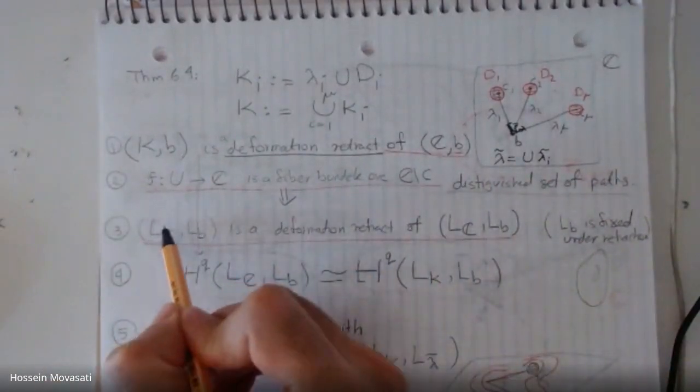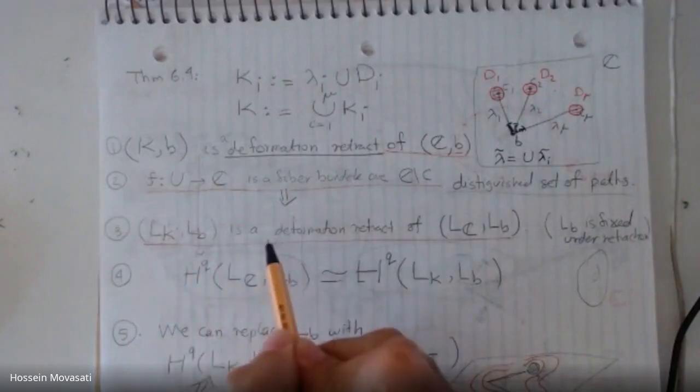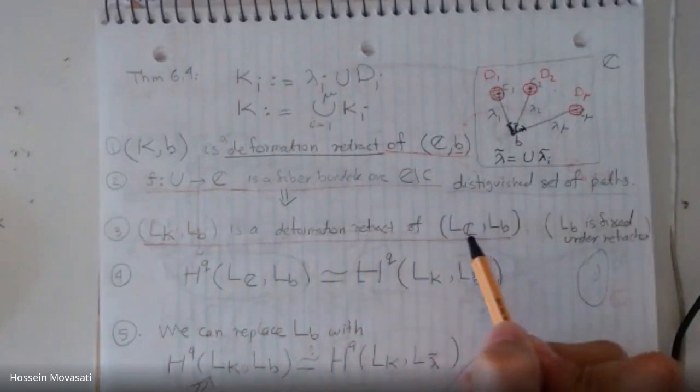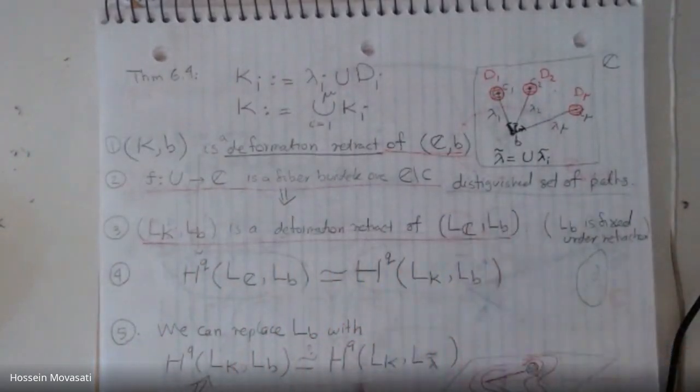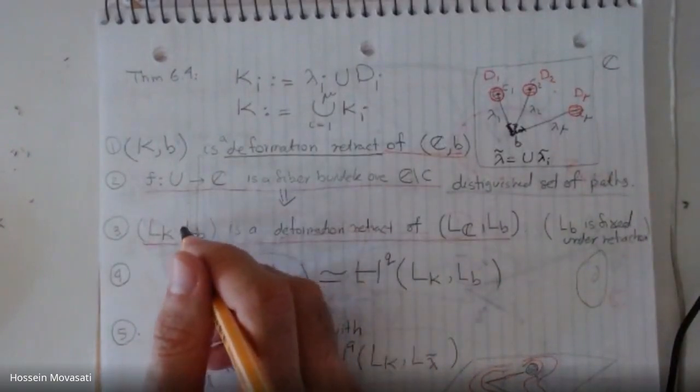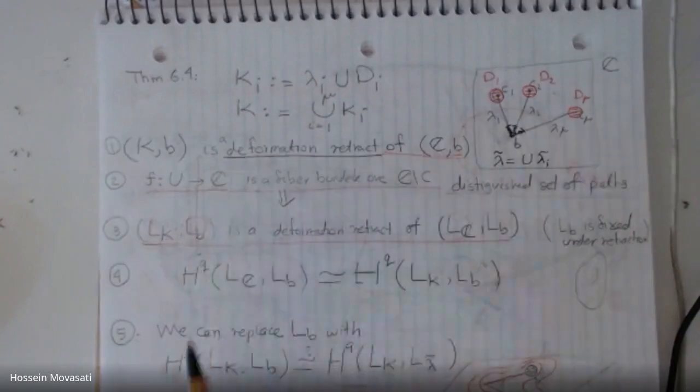This means that LK and LB will be the deformation retract of LC, LB. And we can assume that in this retraction, the points of LB are fixed; they do not move.